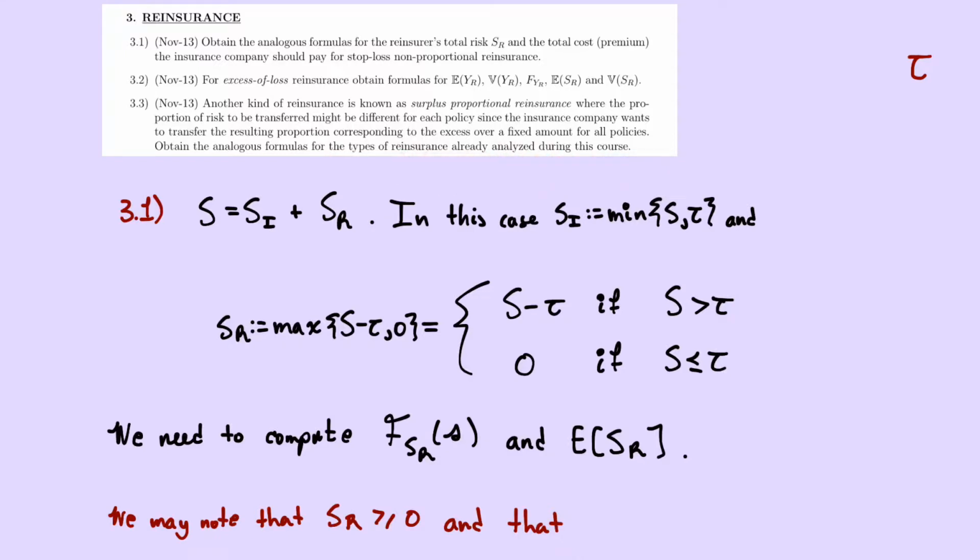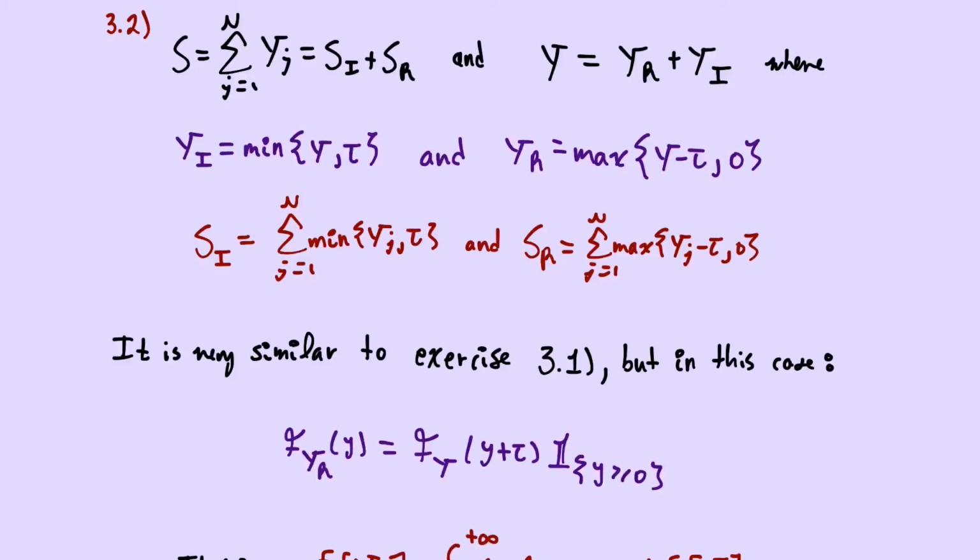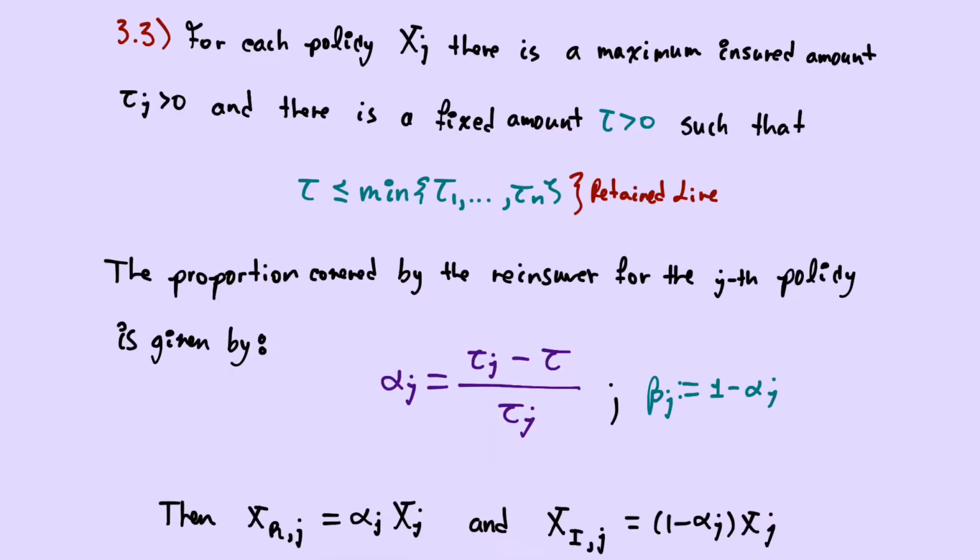So we have to obtain formulas for the expectation of S, the variance of S, of course for S_R and S_I, both the expectation and the variance, and if we are able to, the formula for the distribution function of S_R and of S_I. Those would be the minimum values for which we can get a theoretical expression.